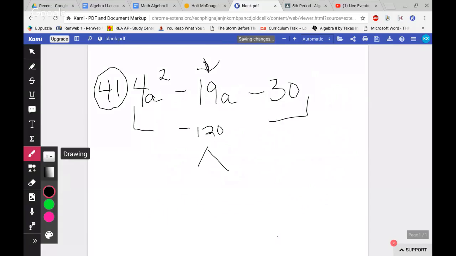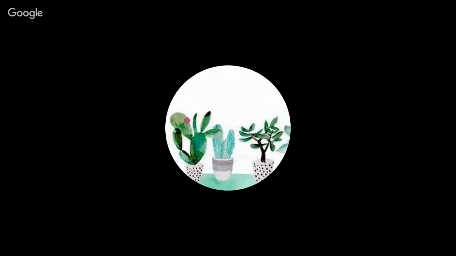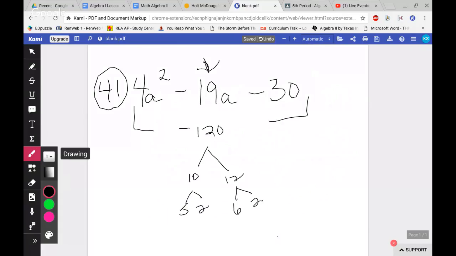So I'm just going to start factoring because I really don't know what the answers are. So that's kind of what you have to do. Okay. And so then I start kind of playing with the numbers. I got 12 and 10, which doesn't do much for me. I've got 20 and 6. I don't think that really does anything either, does it?